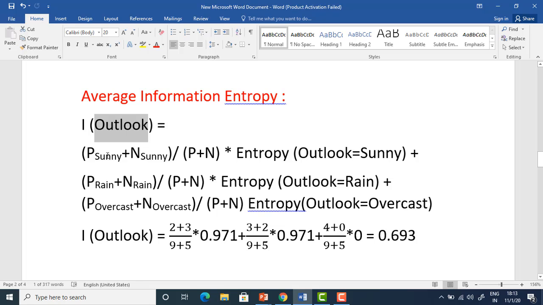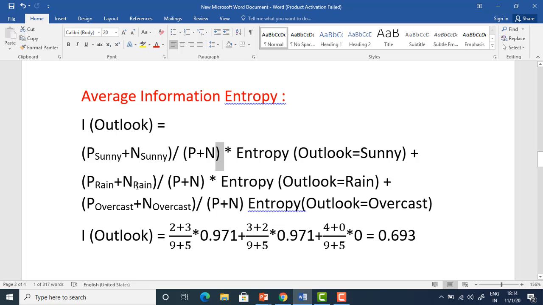Here I am taking only the positives and negatives of sunny, divided by P and N, where P means the positives of the total data set and N means the negatives of the total data set, into entropy of sunny, plus positives of rain plus negatives of rain by P plus N into entropy of rain, and overcast also I have taken. This is the formula to calculate the average information entropy of the given attribute.